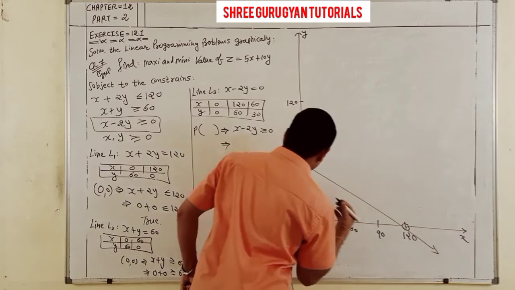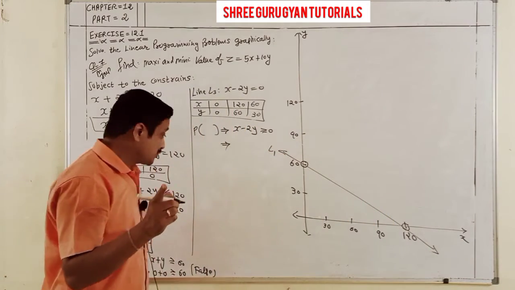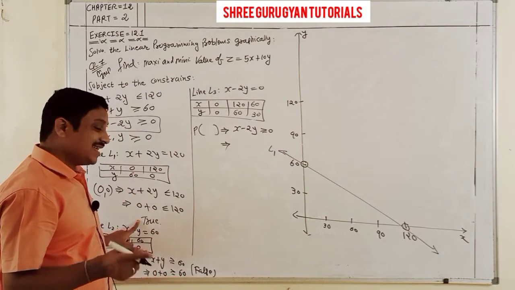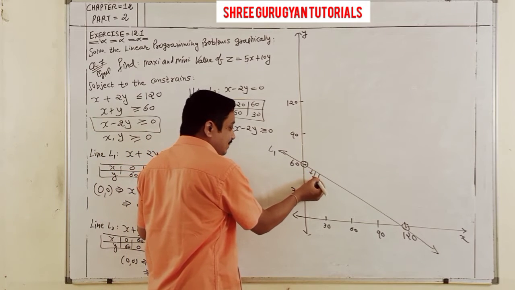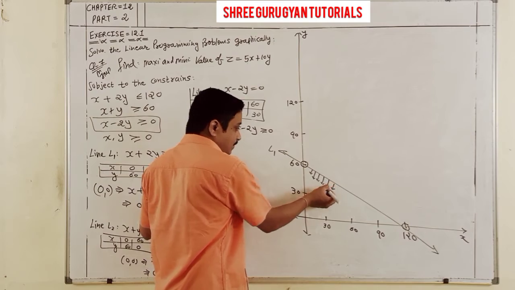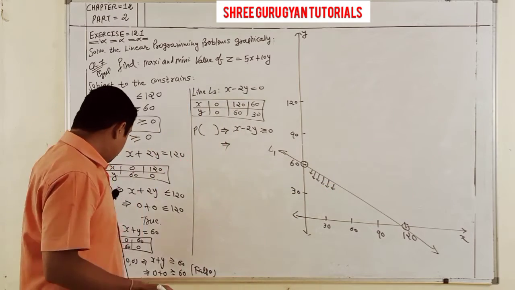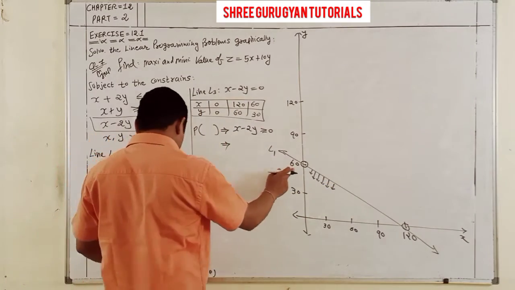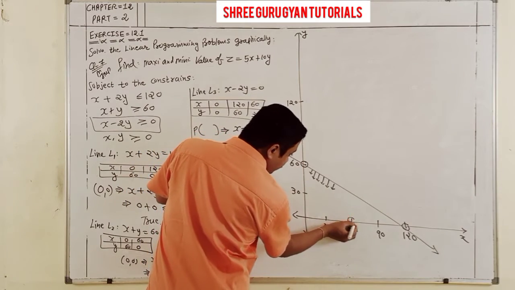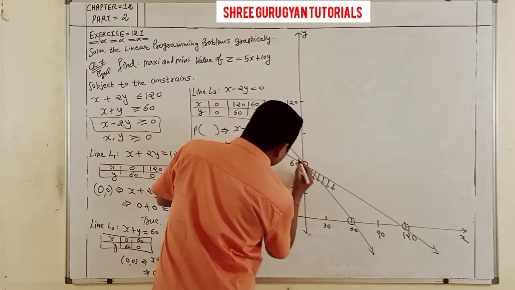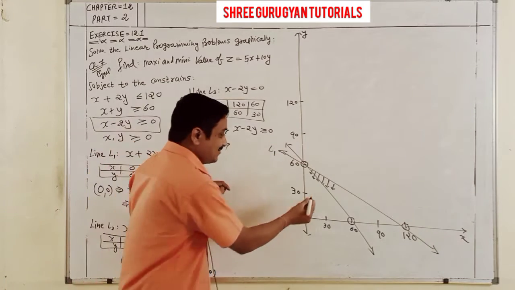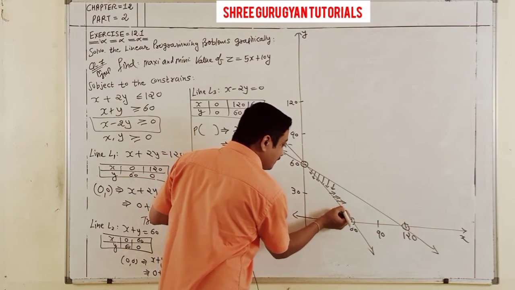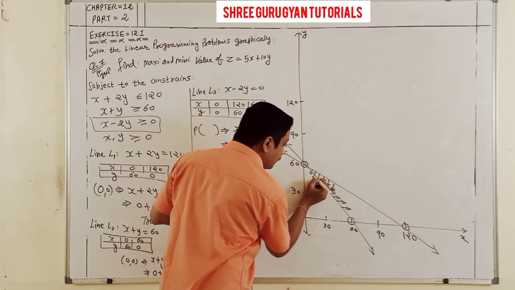Go to line L1 and shade the portion towards the origin. Yes, this side you are shading, all portions. Now second, 0 to 60 here, same, 60 to 0, means this one. And this shading is false, meaning opposite to the origin side, so this side.